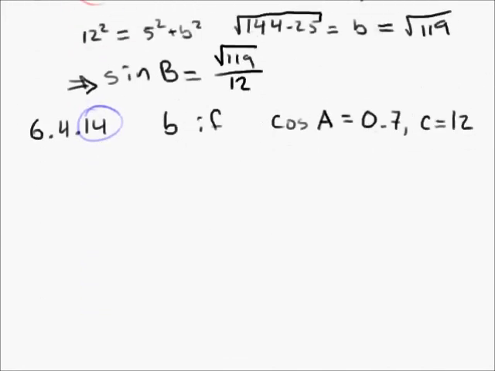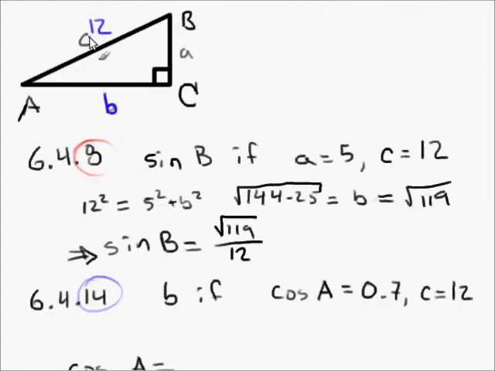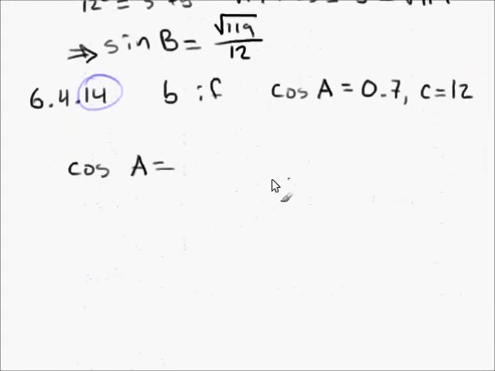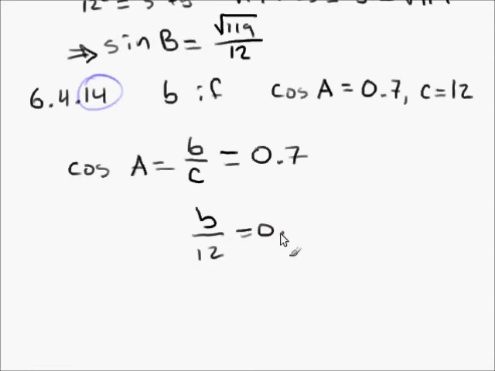Okay, cosine of A is the adjacent over the hypotenuse. Hypotenuse is c, the adjacent is b. So it's b over c. And we know this is equal to 0.7. So b divided by 12 is equal to 0.7. b is equal to 0.7 times 12, which is 8.4.